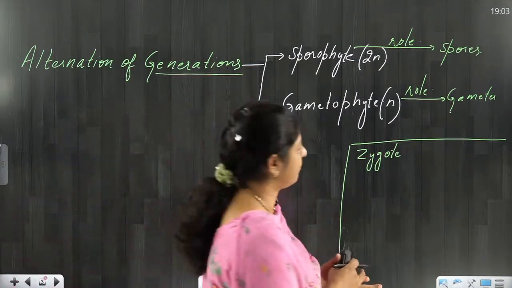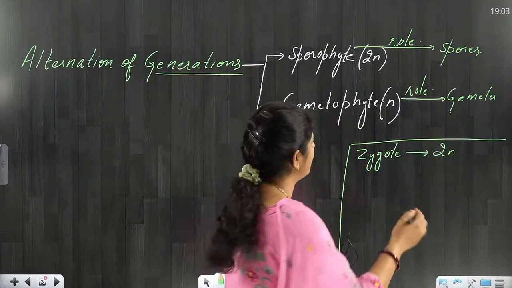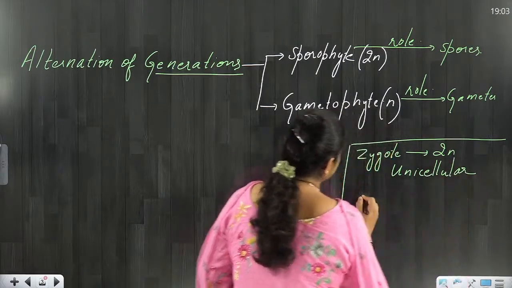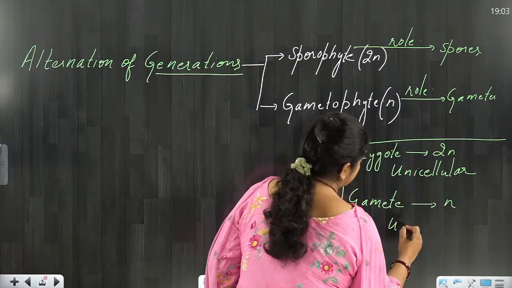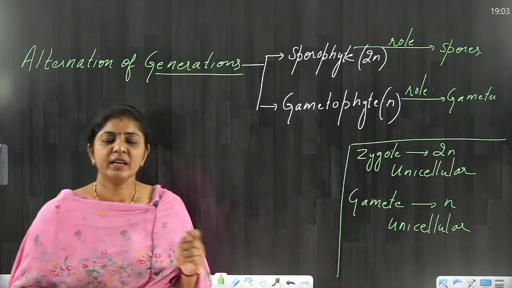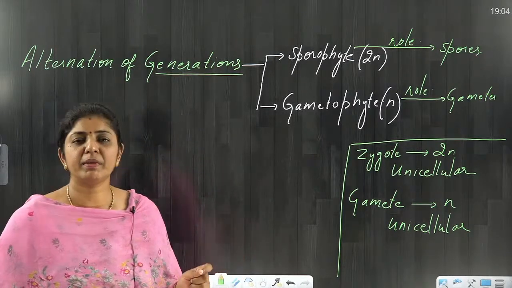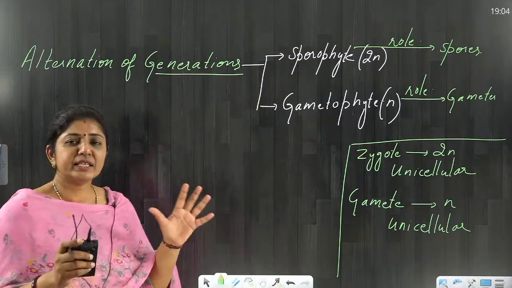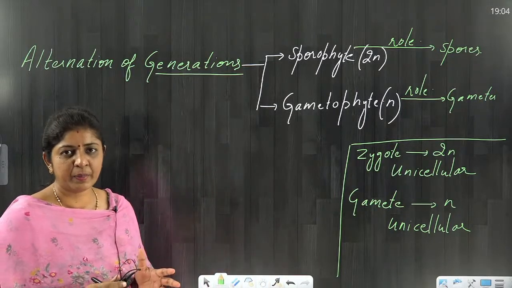Generally the zygote we are taking as a diploid cell, which will be unicellular, and gamete as unicellular, but it will be haploid, right? Means zygote and gamete both are unicellular, but zygote will be diploid whereas gamete will be haploid. Fine. So I repeat, we are generalizing some of the things to understand the life cycles in detail, right?